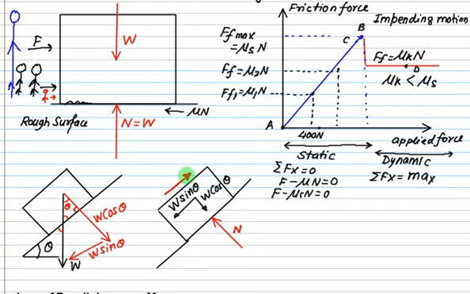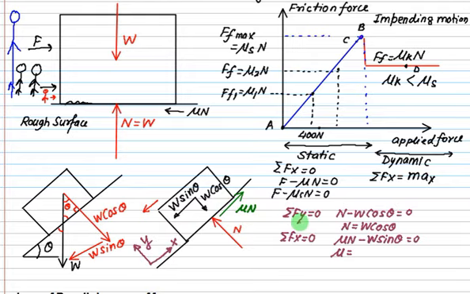This is my rule number 1. Is it correct? So the very first thing in a friction problem, I identify motion. So this one is the direction of motion because of W sin theta, and as soon as you observe the direction of motion, you immediately show the friction force at the point of contact, and you write this value equals mu into N.